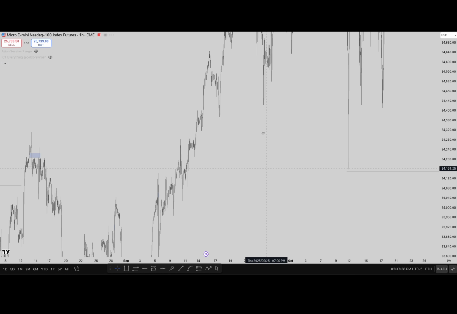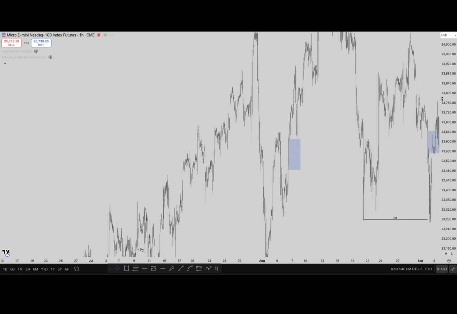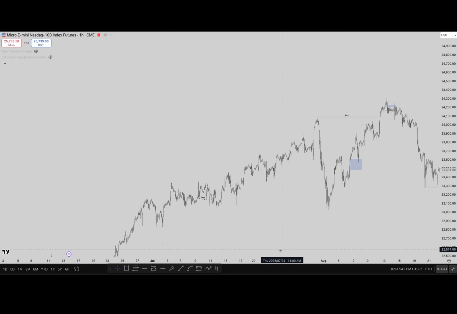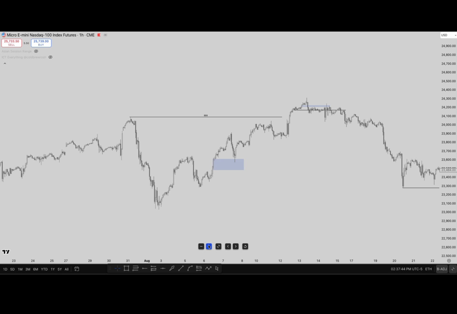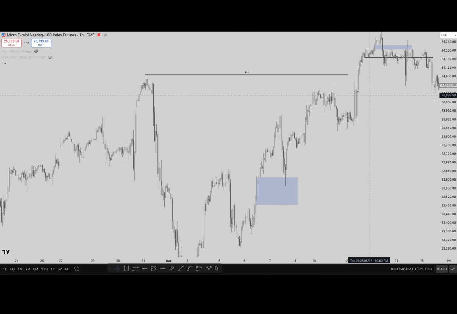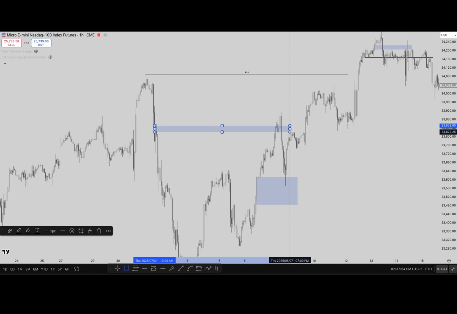Oh no, where am I? Okay. Price taps a 1 hour fair value gap.